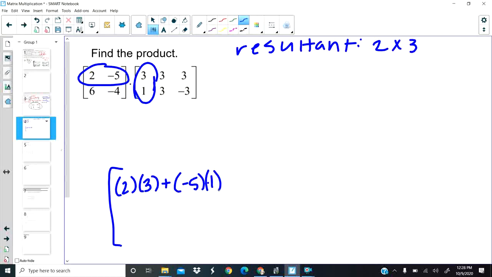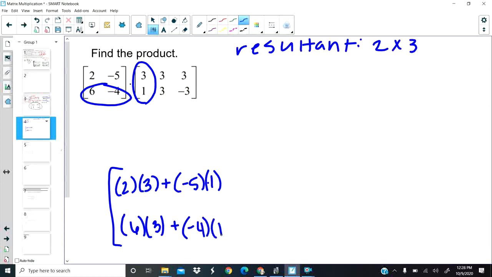And then I'm going to go ahead and do row 2, column 1. So I'm going to have 6 times 3, and then plus negative 4 times 1. And then I'm done with my first column. So I'm going to start fresh, and I want to do row 1, column 2.